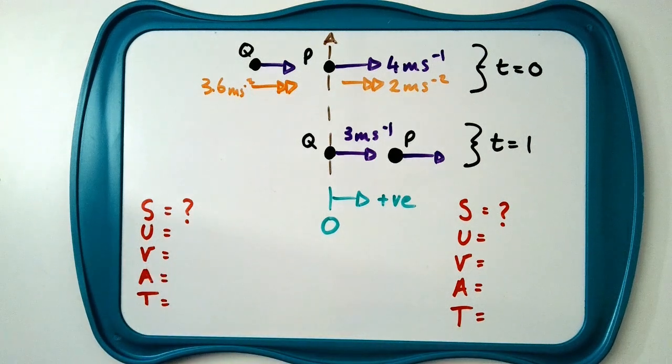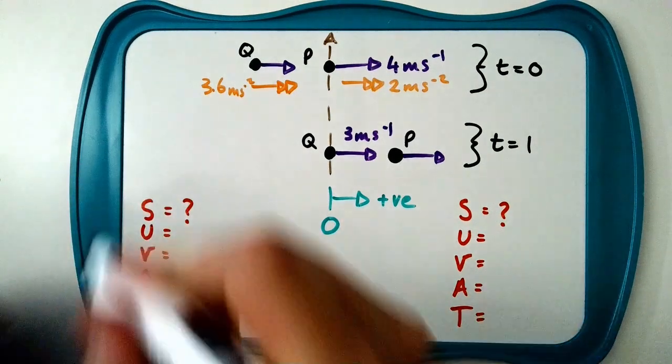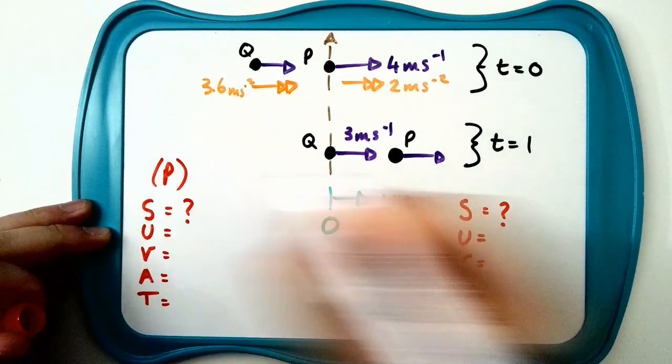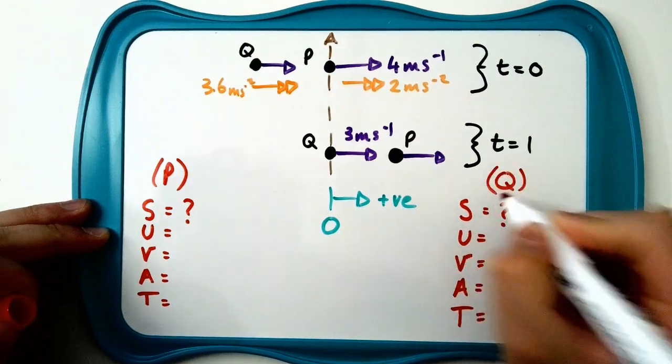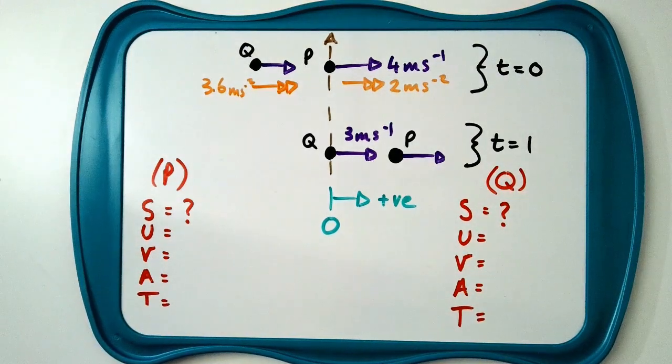So that's one of the parameters. We also need to think about our start and end point. I'm going to focus on particle P here. This is particle Q. So I'm going to focus on particle P for now.